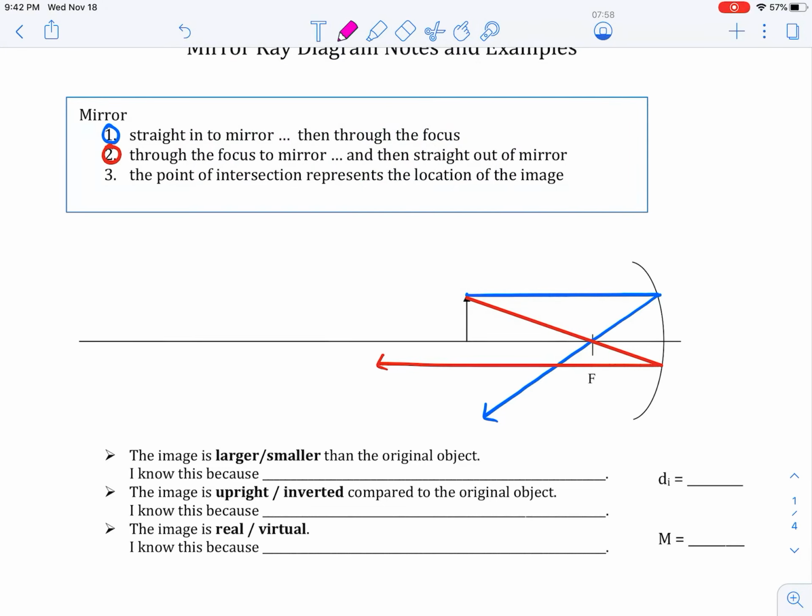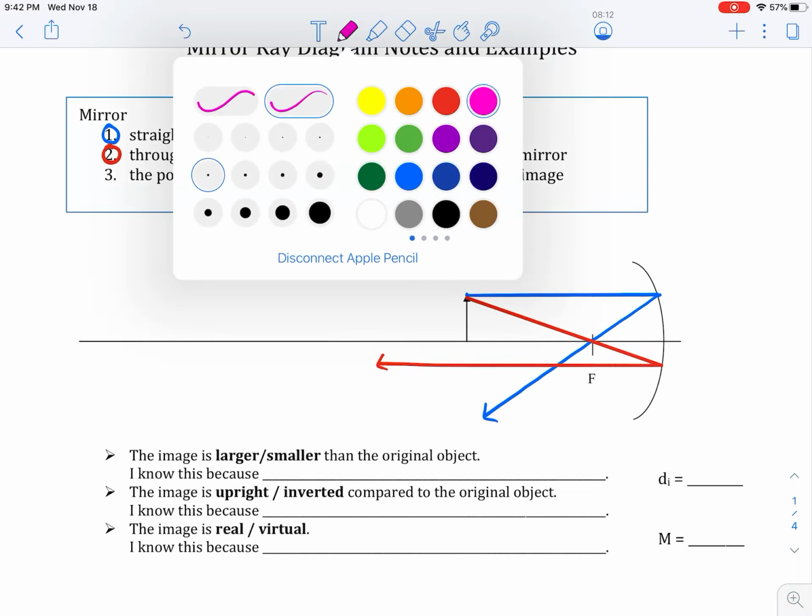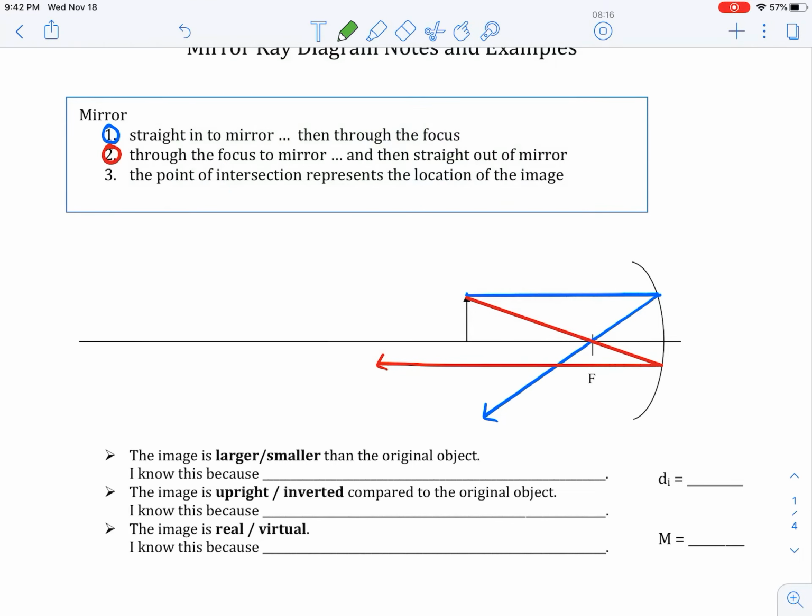Step number 3 is actually giving us information about how we are to interpret what we just drew so that we can figure out what our image looks like. Once again, you have to understand what these lines represent, and remember that we see the light that hits our eye.